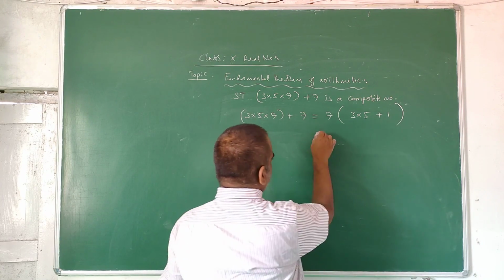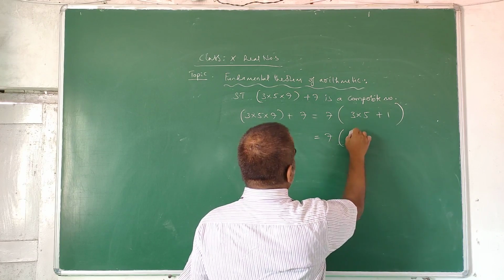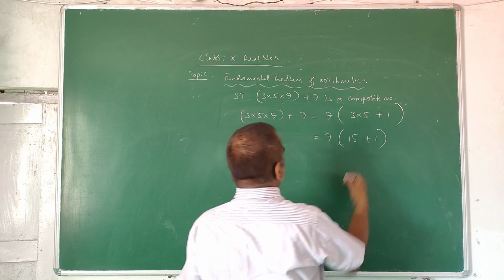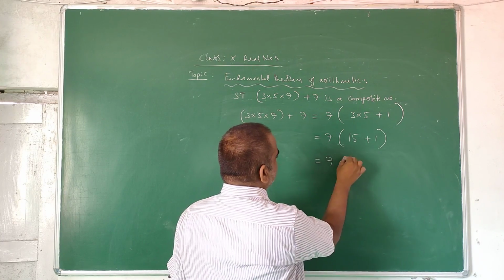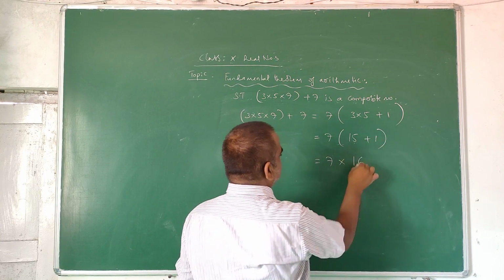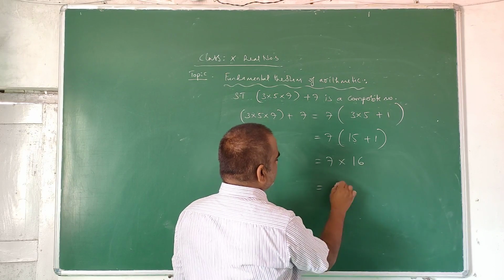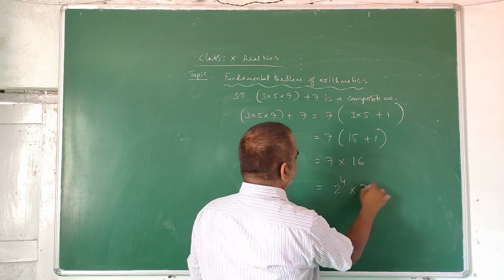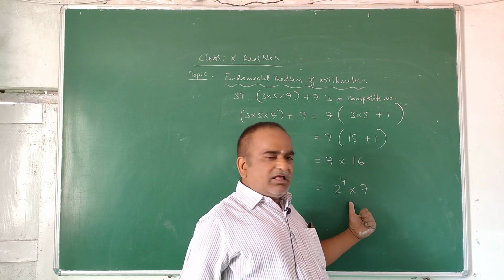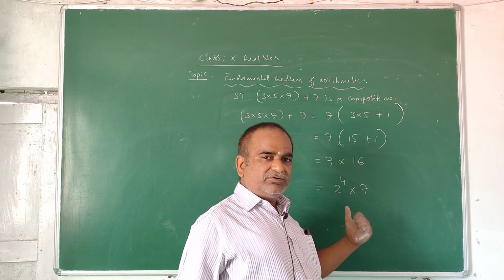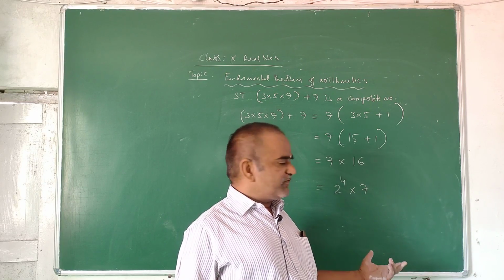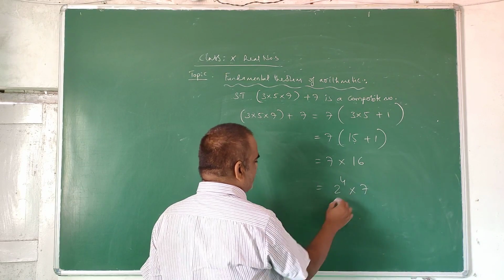So this is equal to 7 into 15 plus 1, which is 7 into 16. So 16 is 2 power 4, so it is 2 into 2 into 2 into 2 into 7. So it is a product of prime factors.